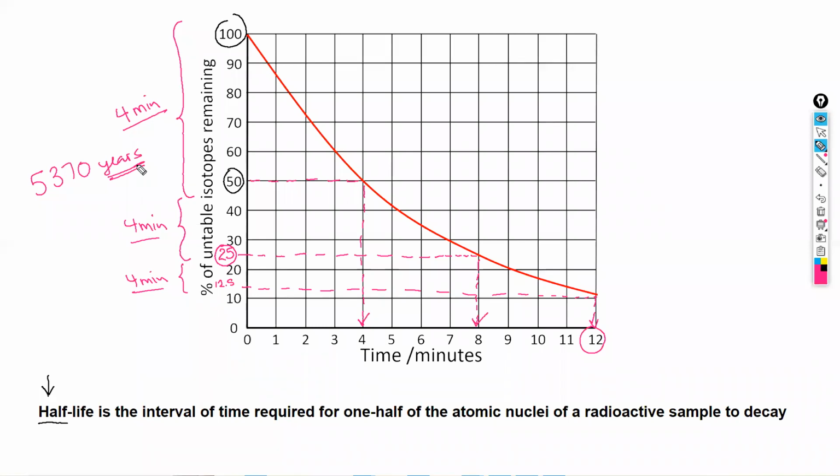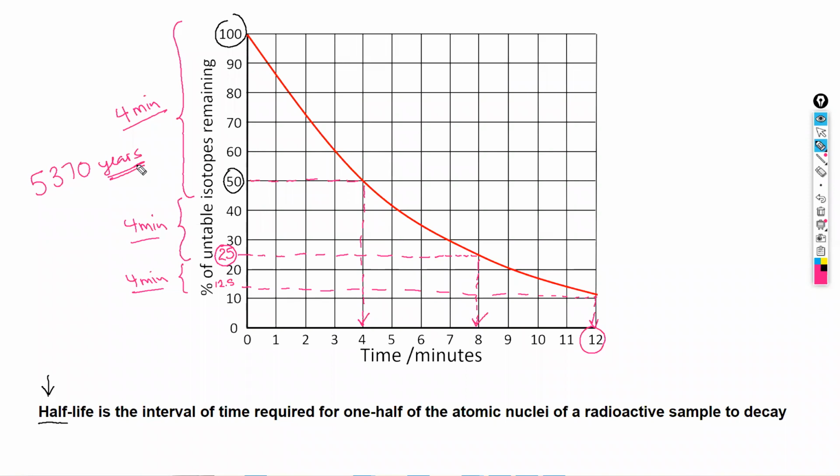That means every 5,370 years, the amount of carbon-14 that's radioactive will be reduced by a half. All right, which is a very long time. It way exceeds a human lifespan unless you take care of yourself, you eat properly and whatnot, right?